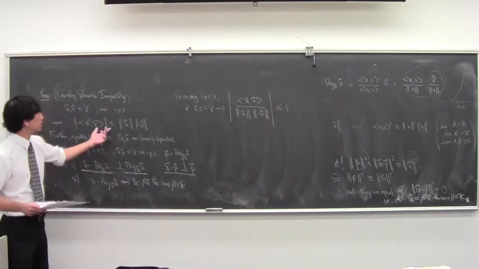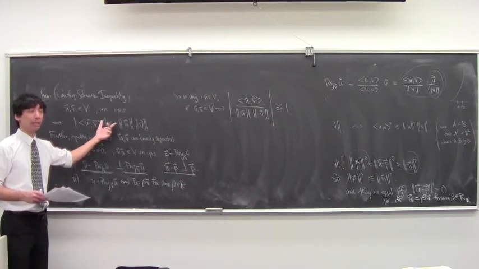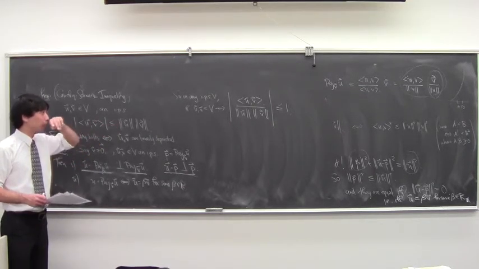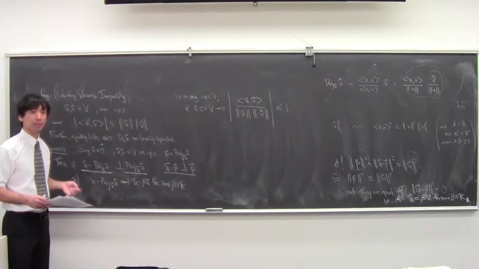That's what Cauchy-Schwartz tells you. So you always get a number between 1 and -1 when you take the dot product of two vectors and divide by the product of the magnitudes.